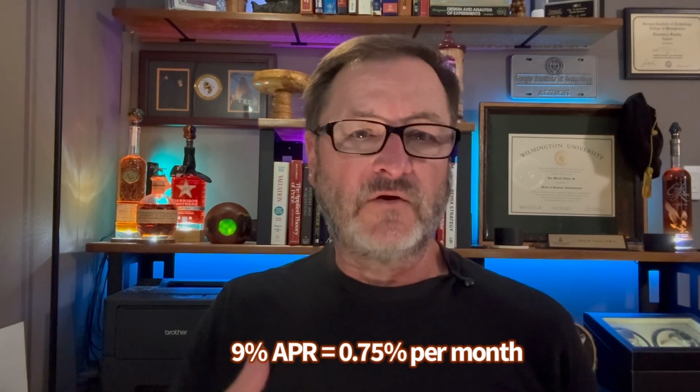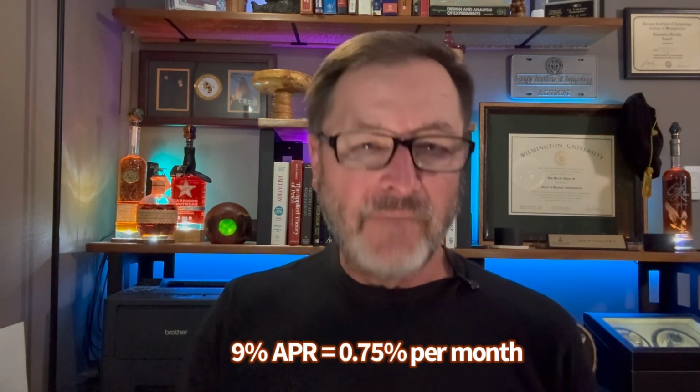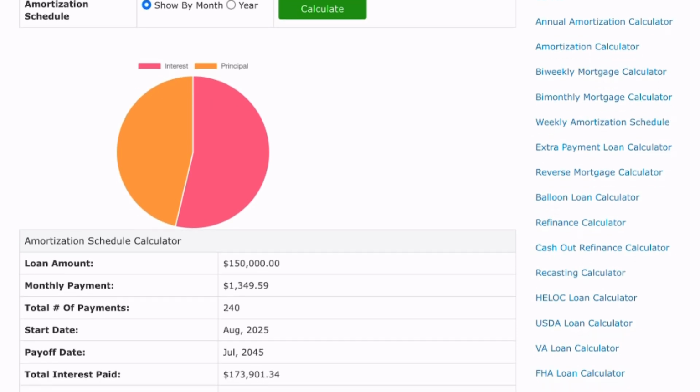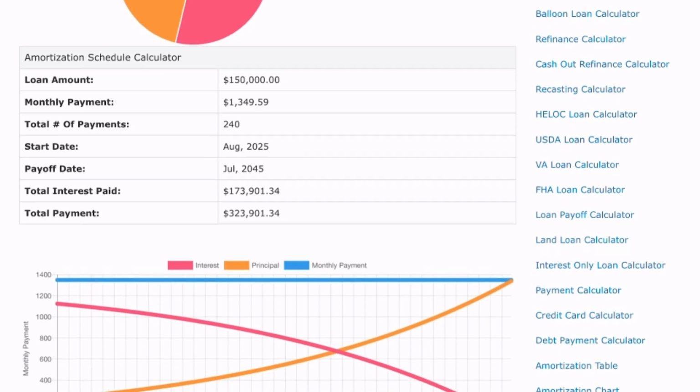And in reality, you are paying a 9% APR, but really what you're paying is roughly a 0.75% interest rate a month on any outstanding balance. And so if I calculate here and say, okay, here's what this loan looks like.